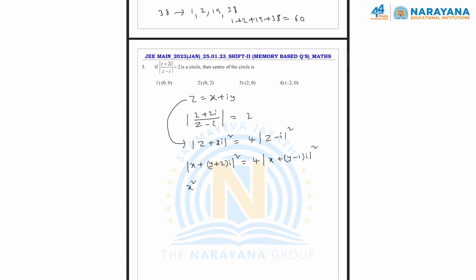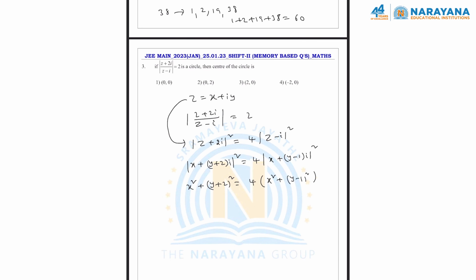It will be x² + (y + 2)² = 4 times (x² + (y − 1)²). If I simplify this, x² + y² + 4y + 4 = 4x² + 4y² − 8y + 4.